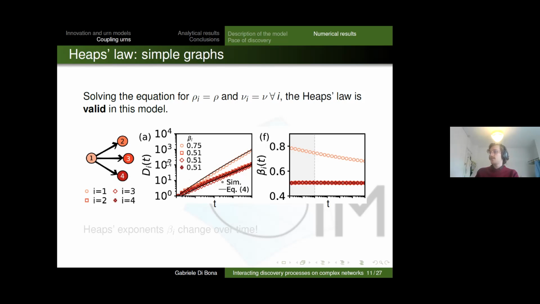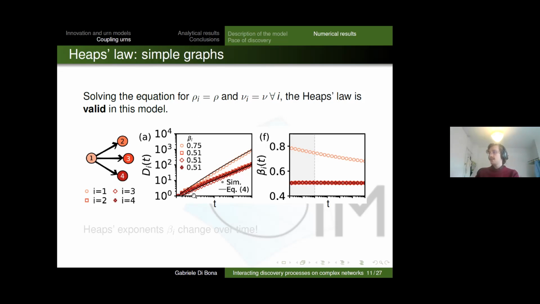For example, here we have an example with 4 nodes and 3 links. All of the nodes have the same parameters, so they are basically the same apart from these enrichments. The points are the simulations and the lines are the numerical solutions of the equations, and you can see they pretty much fit.